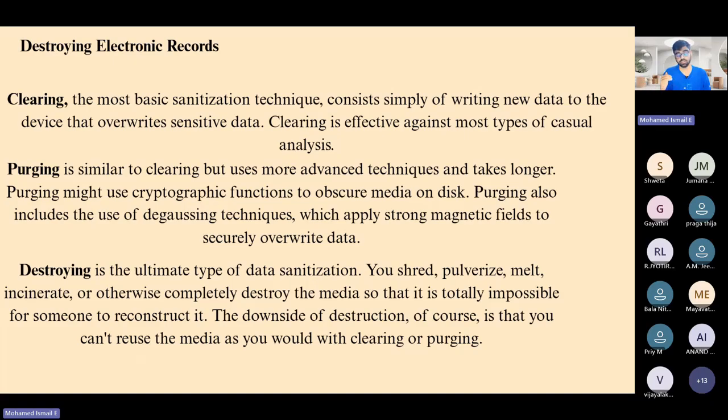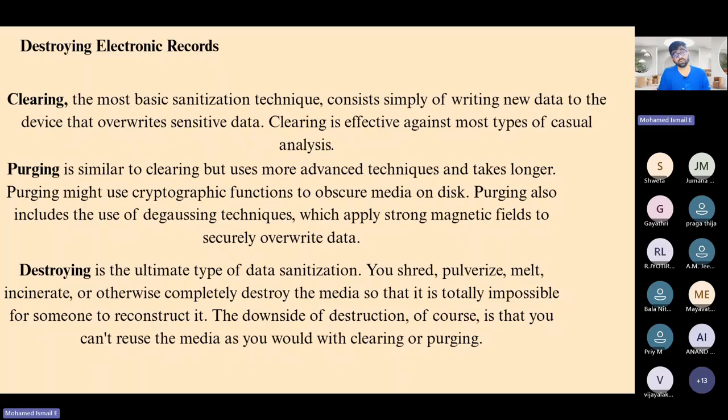Next is purging. Purging is similar to clearing but uses more advanced techniques and takes longer. Purging might use cryptographic functions to obscure media on disk. So purging, with the same example, there is an offer letter stored on the hard drive. That offer letter is deleted and the traces are encrypted. Now no one can decrypt and see what file existed in those traces.